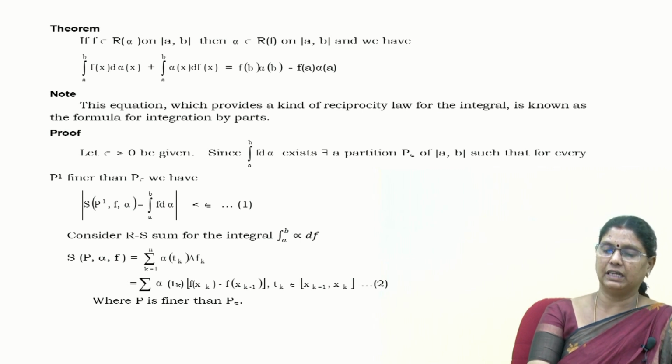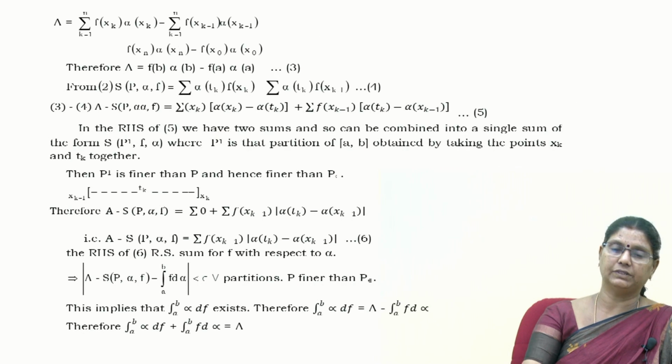So, consider the Riemann-Stieltjes sum for the integral a to b alpha d f. We write S_P(alpha, f) as summation of alpha(t_k) into delta f_k. That is, this is nothing but summation of alpha(t_k) into f(x_k) minus f(x_{k-1}), and t_k belongs to the closed interval [x_{k-1}, x_k]. Here P is finer than P_epsilon.